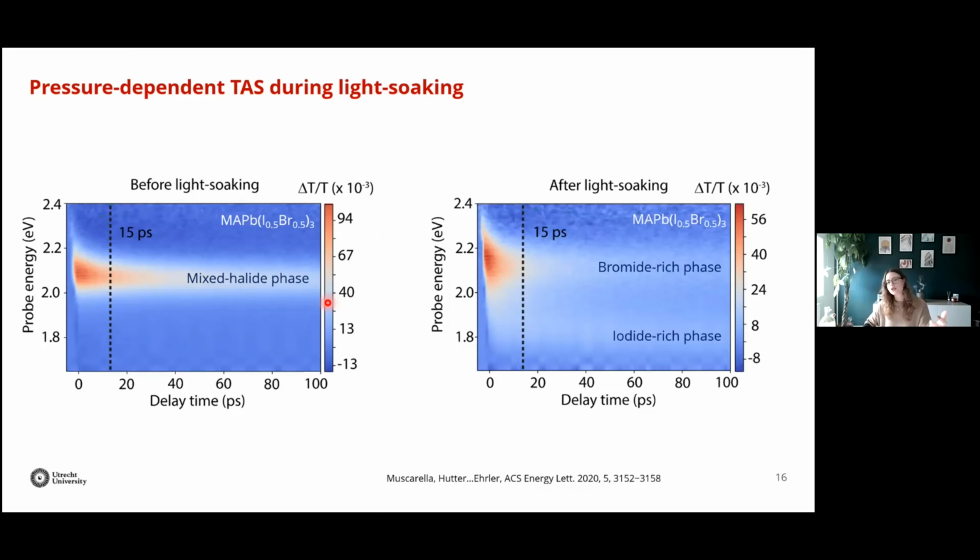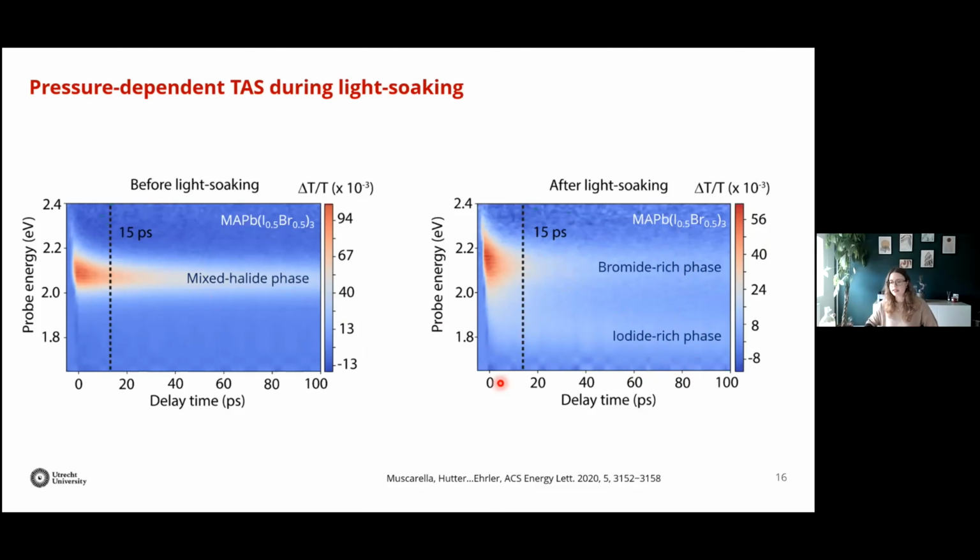And then what we did was to illuminate the sample, repeat the same experiment, and then we found two domains, so two positive bleach. One attributed to the bromide-rich phase because it's blue shifted in comparison with this, and the other one is the iodide-rich phase because it is at low energy.